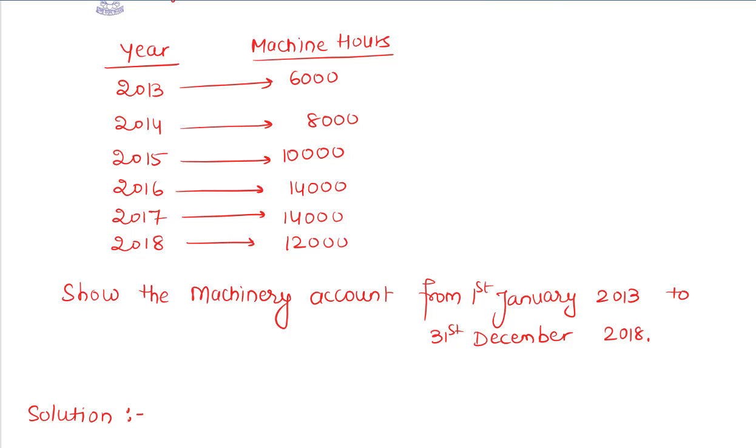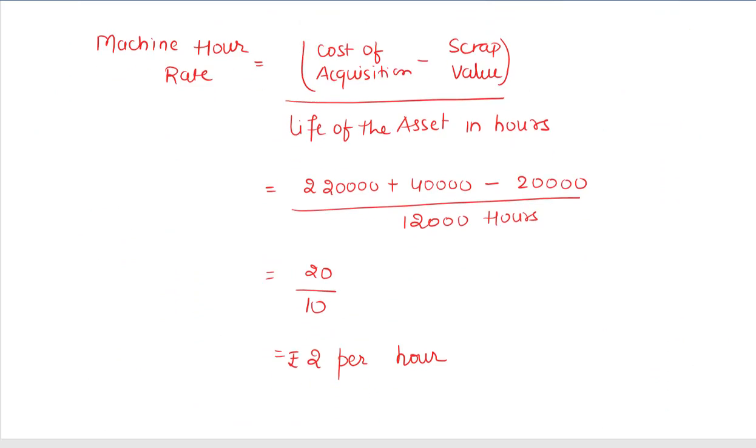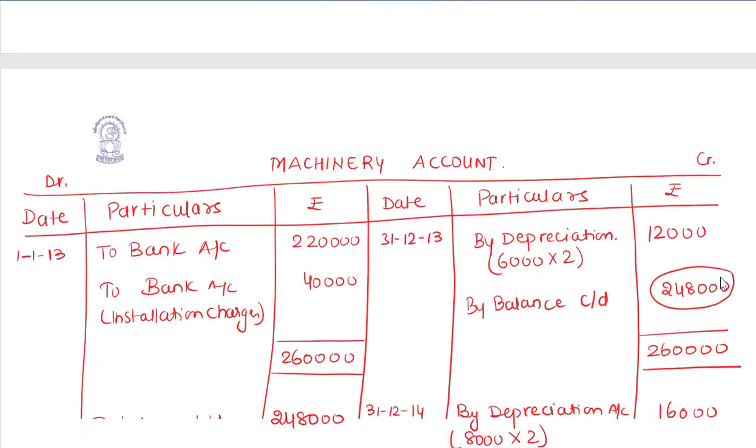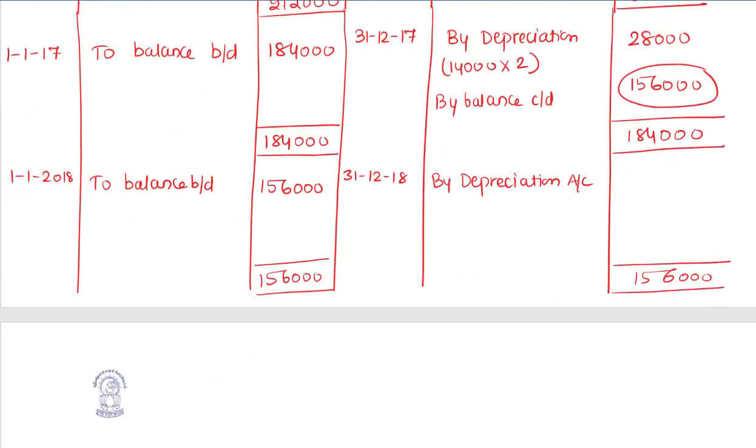Let us calculate the depreciation according to 12,000 hours. 12,000 hours should be multiplied by rupee 2 per hour, so the amount of depreciation will be 24,000.